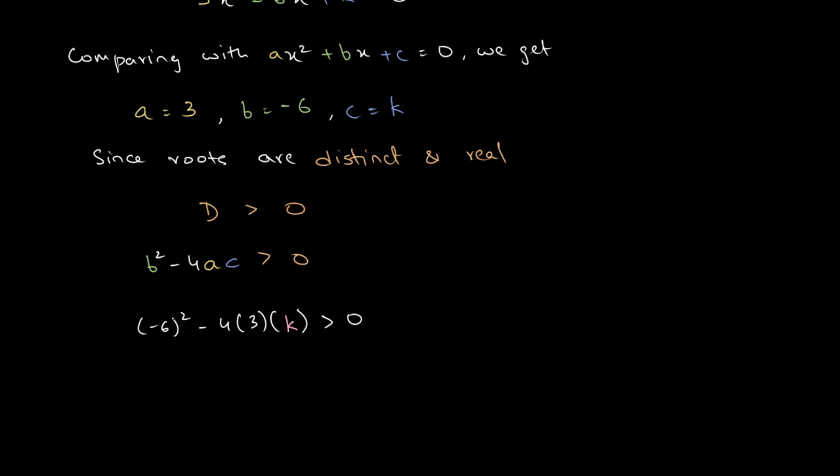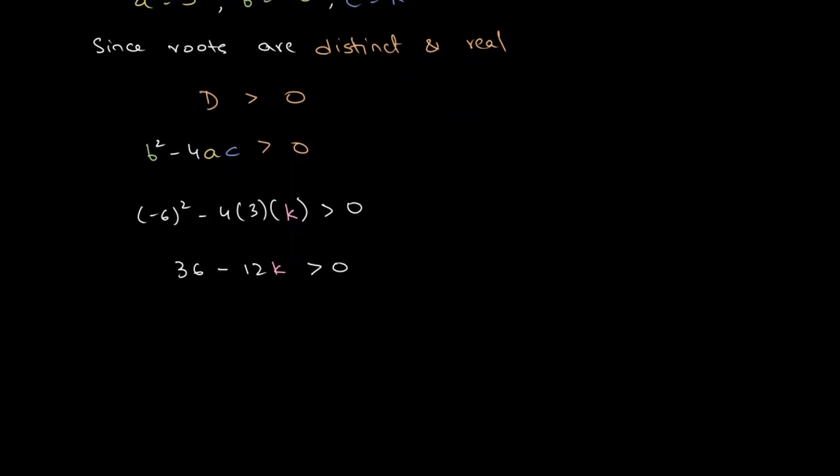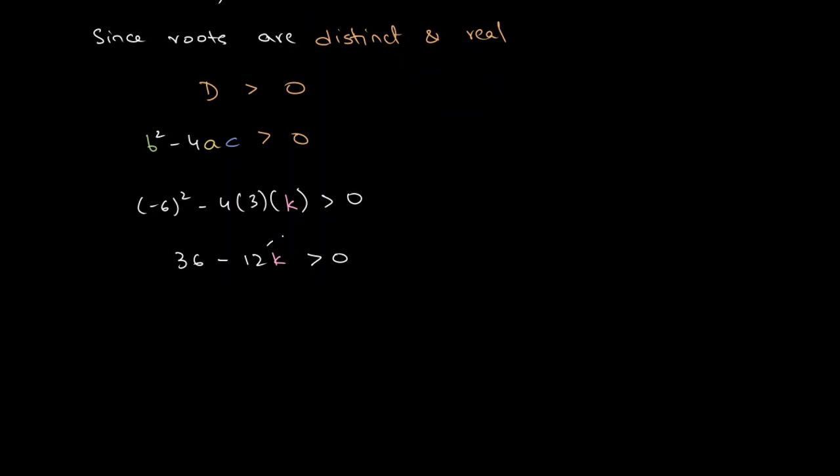Simplifying further, minus 6 squared is 36, 4 into 3 is 12k, greater than 0. Rearranging the terms, I take the minus 12k to the other side, and I have 36 is greater than 12k.